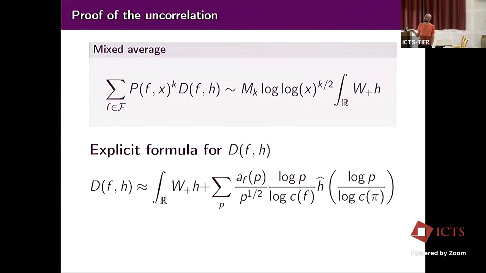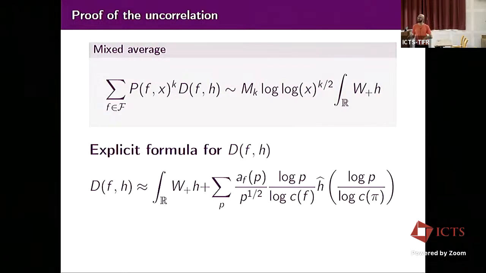So to prove that, basically we use an explicit formula for the one level density. Same kind of proof as before, you integrate L prime over L times a suitable phi function. And you get something like that for the one level density. You always get, in that case, the expected limiting behavior, the low-lying zero result, plus a sum of coefficients.